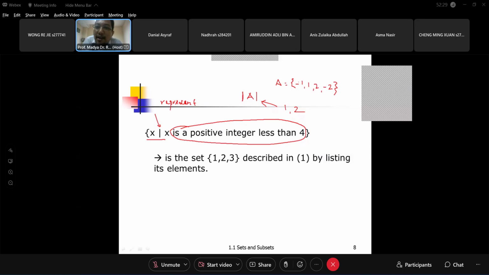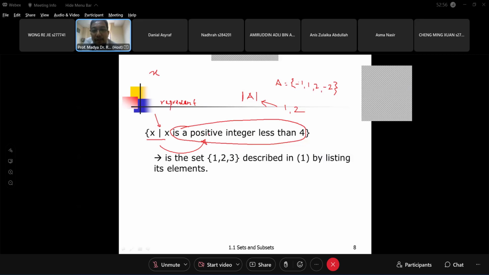So the first X is the element, and the line is Z. This X represents the meaning of this. In order to put just X, first we declare, like in programming, that X is a positive integer less than 4.